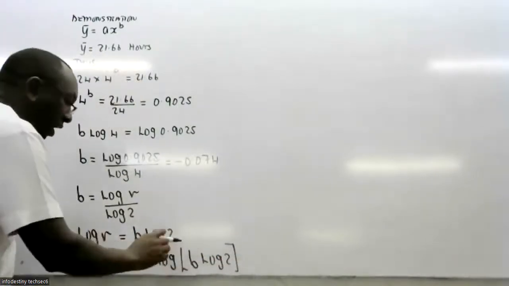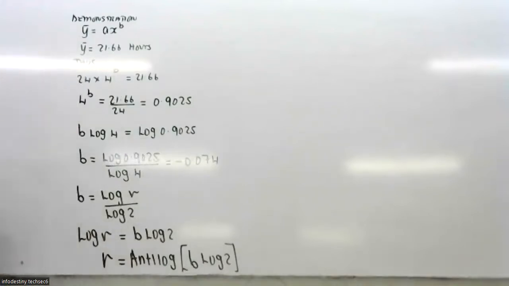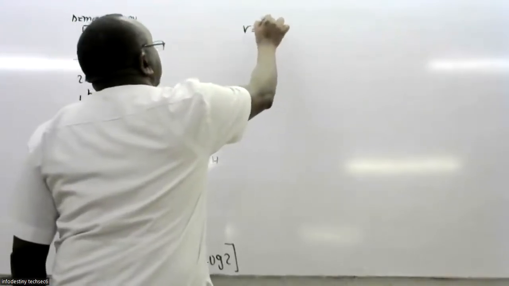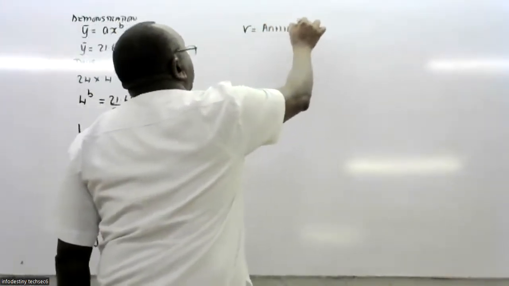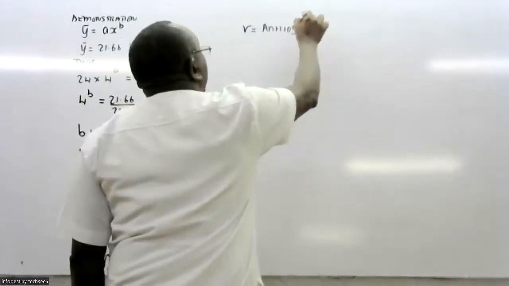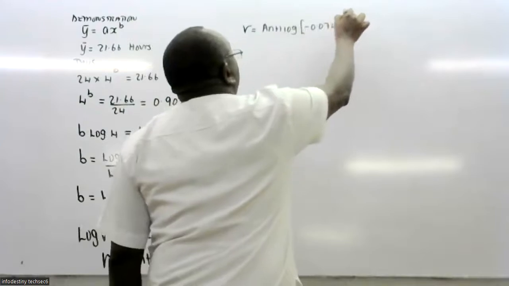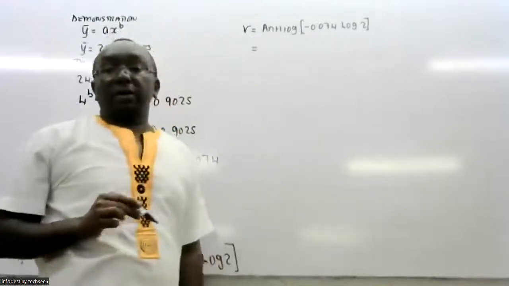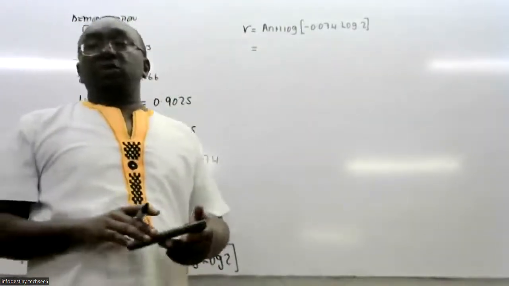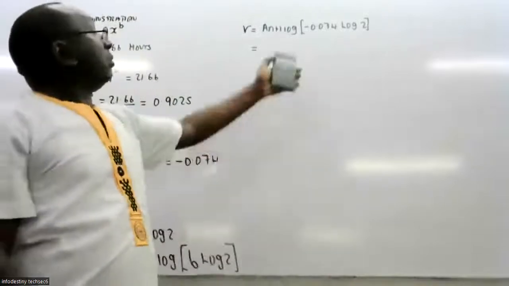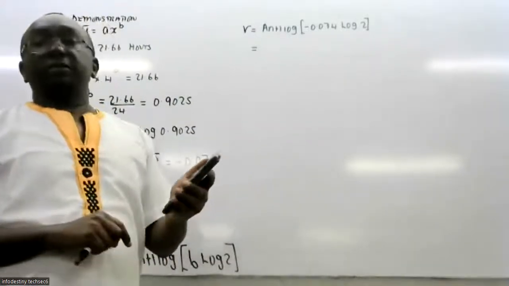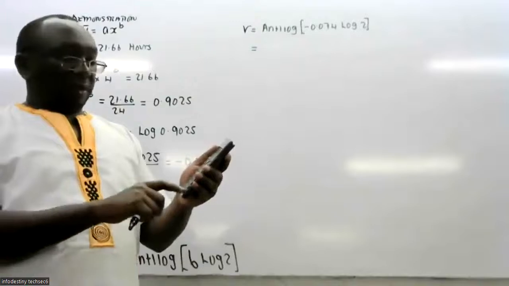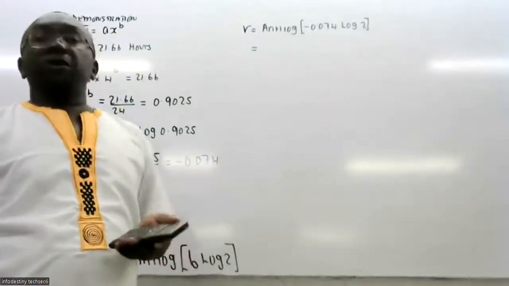So this proceeds to become R is the antilog of B log 2, where B is minus 0.074, times logarithm of 2. You have a minus 0.2 something.